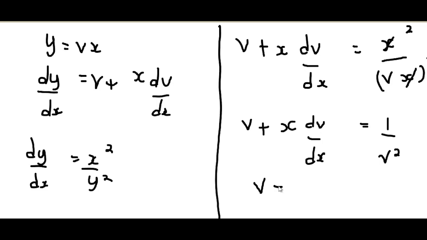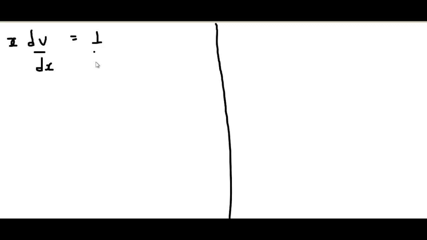So we can be left with x dv over dx equals 1 over v squared minus v.